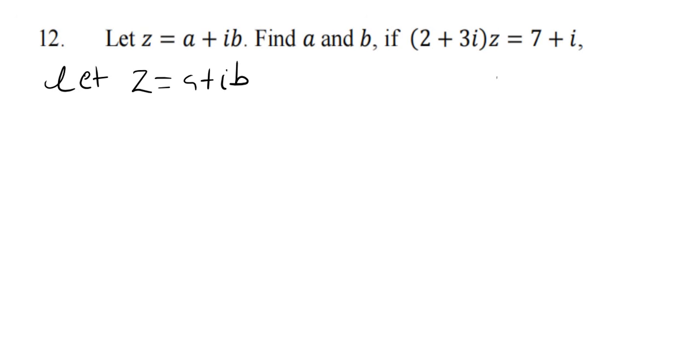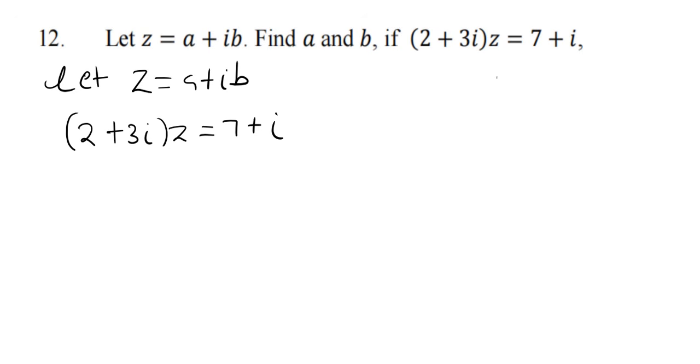Then we've been given 2 plus 3i times z is equal to 7 plus i. Okay, so we're supposed to find what a and b are.